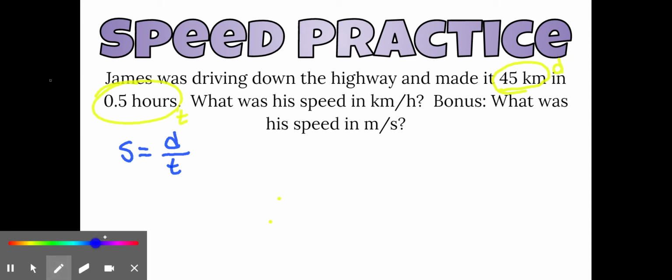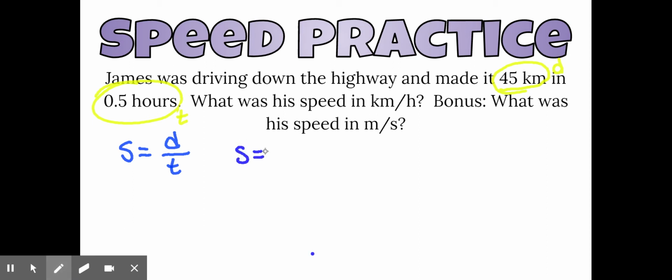Now we can go in and substitute those. If we take our equation, speed equals distance over time, we get speed is equal to our distance of 45 kilometers, and it's really important that we put the kilometers because that's part of our answer, divided by 0.5 hours. When we did our first unit, we looked at canceling a lot.